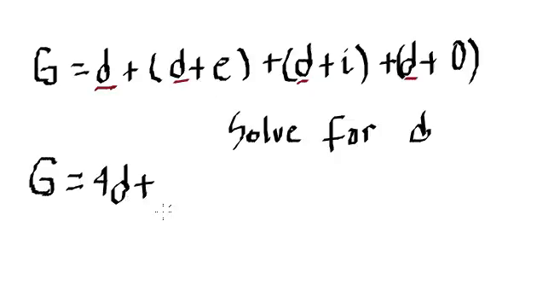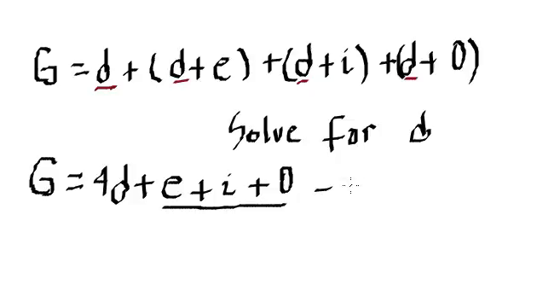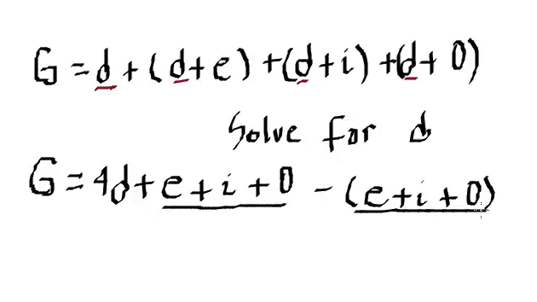plus, and then we have this E here, so you can just drop the parentheses, plus I and plus O. Right, so we're solving for D. So I'm going to take this over to the left hand side, and by doing that I'm going to subtract E plus I plus O. Okay, so these two guys here are going to cancel out to 0.